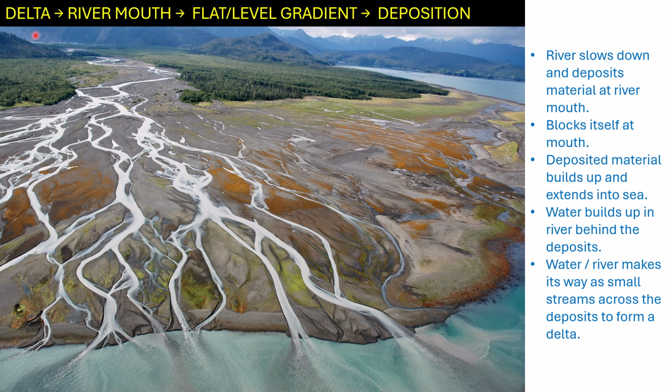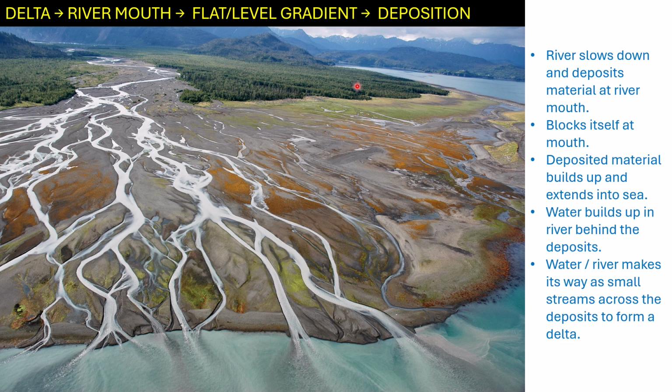River deltas occur right at the edge of the river, where the river empties out into the sea or into a lake. This point of the river is called the river mouth. As the river mouth is right at the edge of the river, it naturally flows over level or flat ground. As a result, the river slows down quite significantly, and it then deposits most of the material that it is carrying at this point.